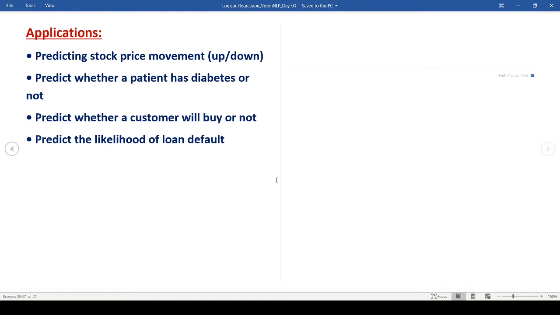There are a lot of applications in real-life cases. Maybe you can predict the stock price movement, up or down, predict whether a patient has diabetes or not, predict whether a customer will buy or not, predict the likelihood of loan default. If you can see, in each and every one we have two outcomes: yes or no, up or down, diabetes or non-diabetes, will buy or not.